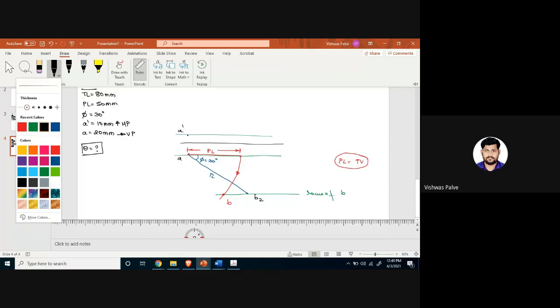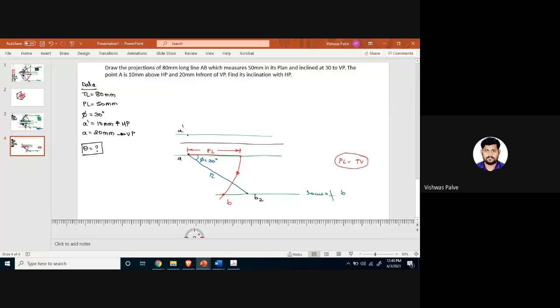After that I can connect A and B. Now I am not using scale, so the lines are not straight, but you have to concentrate on the concept. A and B: the top view of that line is known to us.